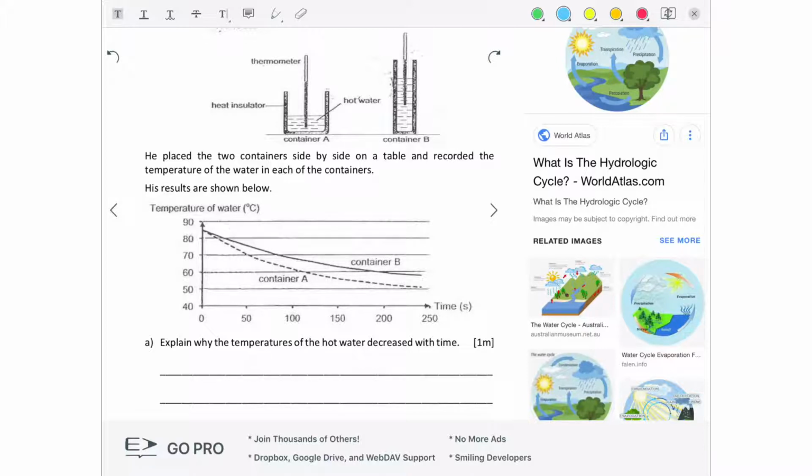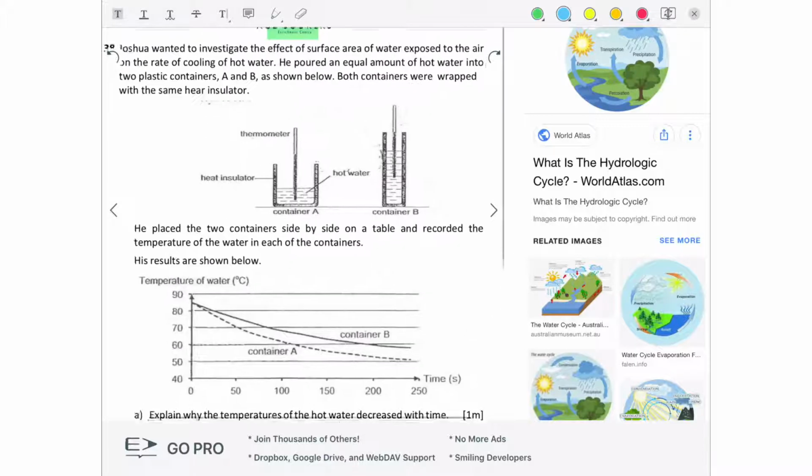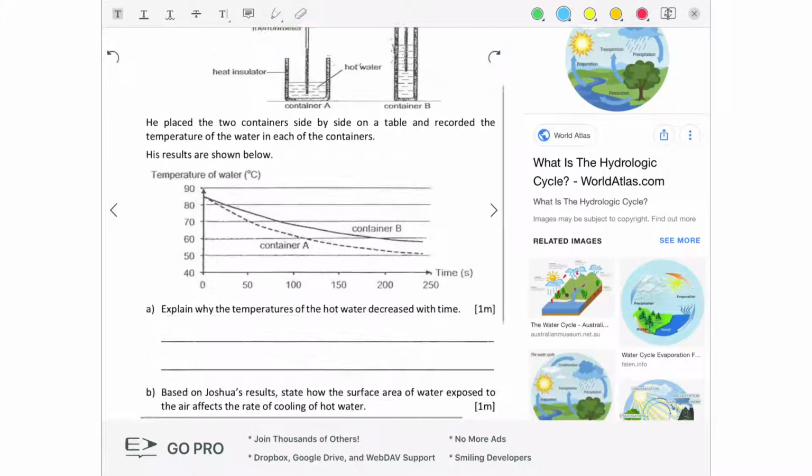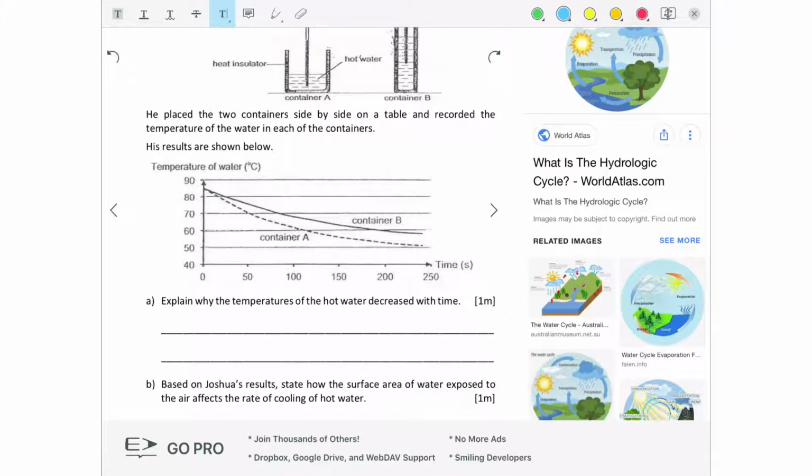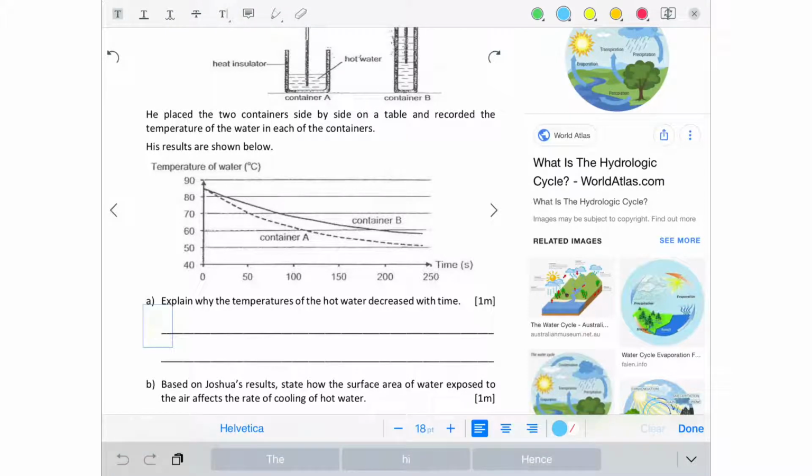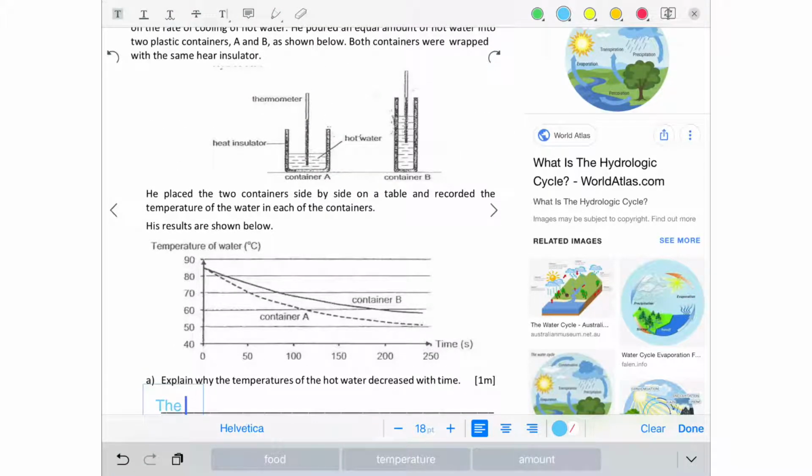Because the water gains heat from the surrounding. What? No. You put hot water inside. Put hot water inside. Lost heat. Very good, right? So now this is applicable for both containers. So we say that the hot water lost heat to the surrounding.